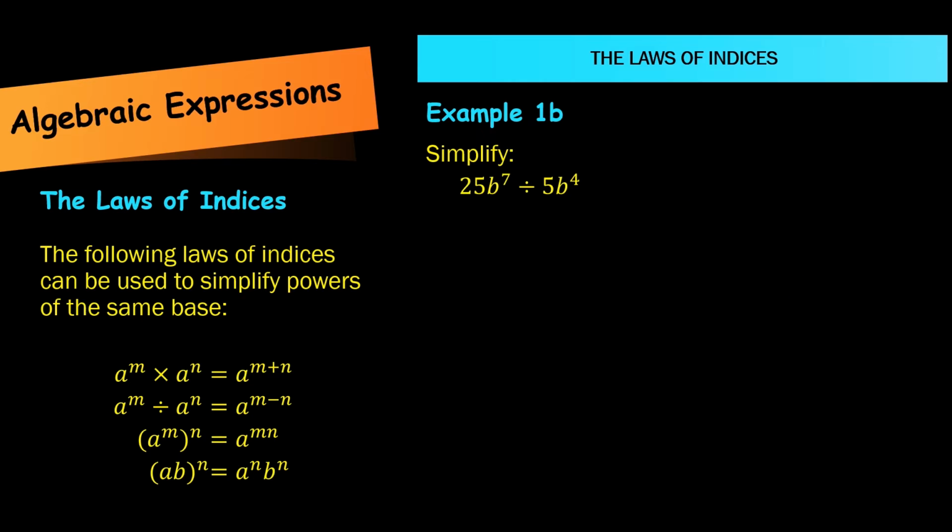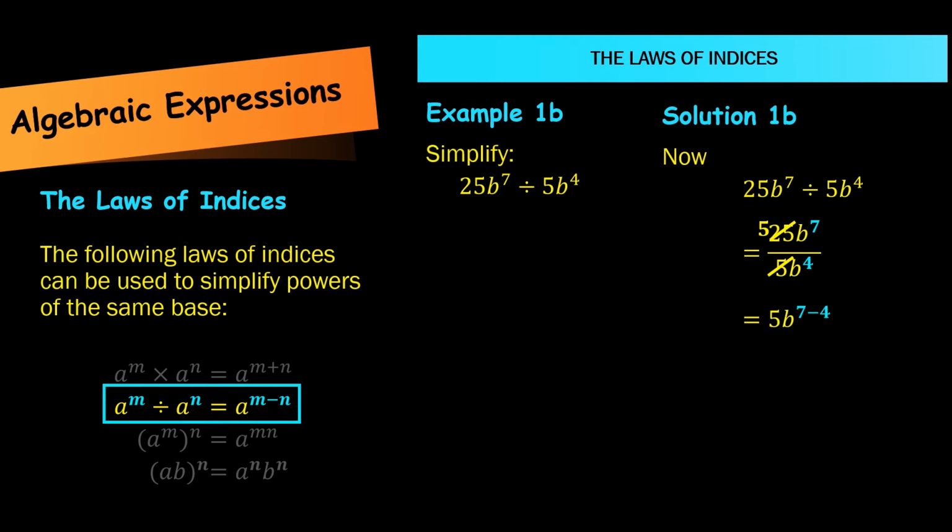We now simplify example 1b. We have the numerator and the denominator. We can cancel, so 25 divided by 5 gives us 5.